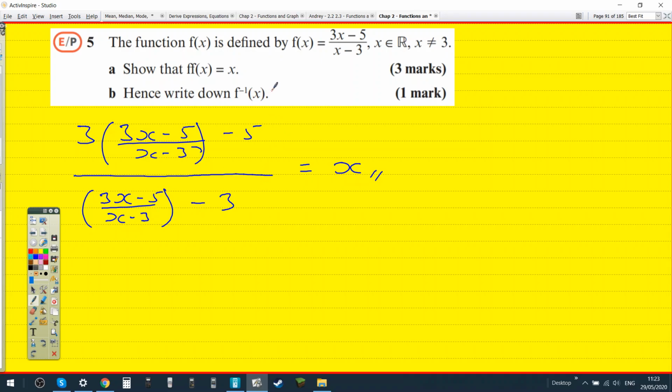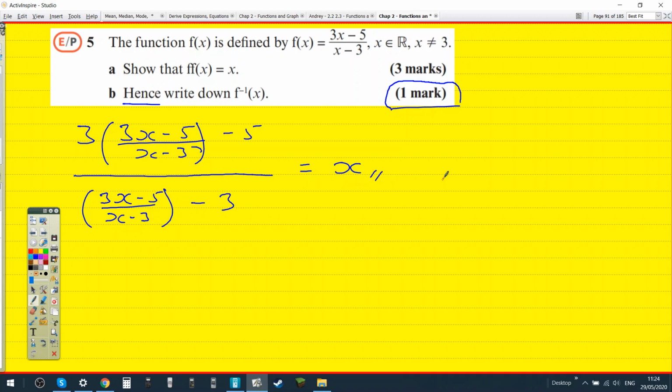Hence write down f inverse of x, a 1 marker. Any idea what that will be? I think, is it just the same as what we've done before? No. Not for 1 mark. That would be a lot of work for 1 mark. And it's hence, so using what you've done here. Any idea about that?